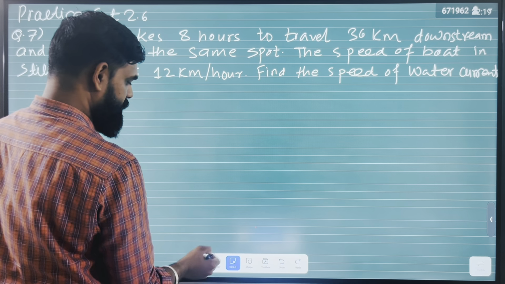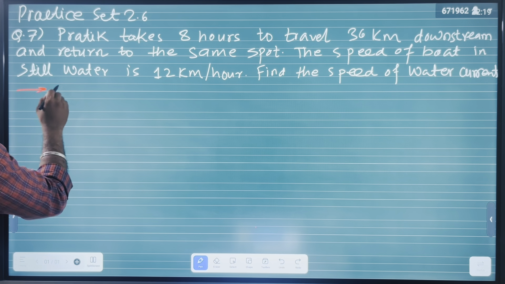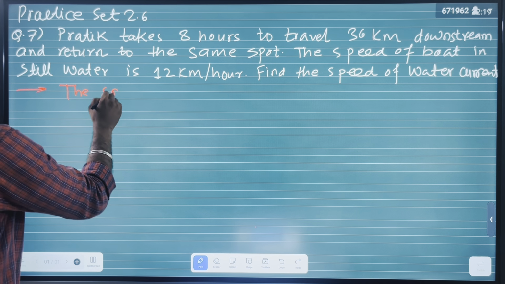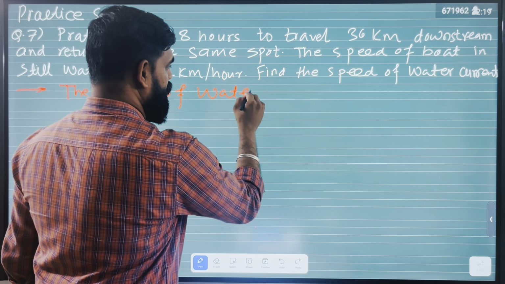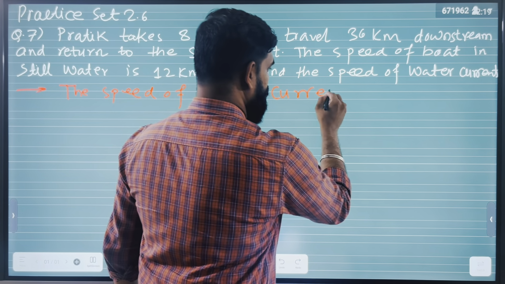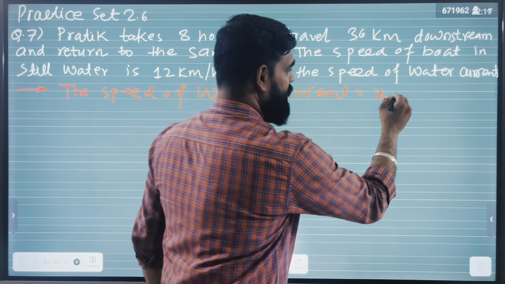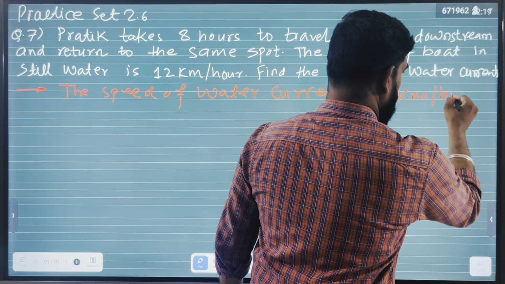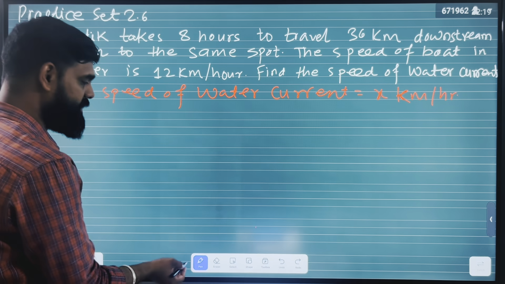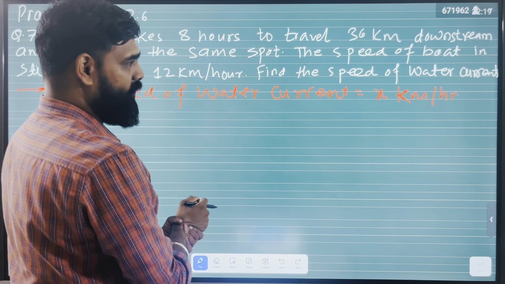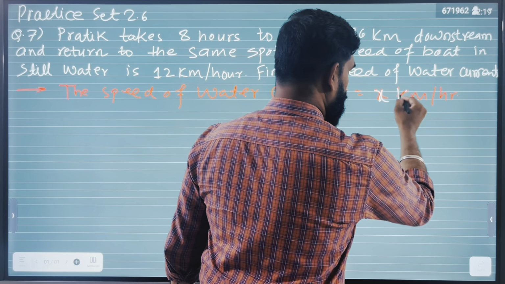So let us solve this. The speed of water current is x kilometer per hour. So we have considered that the speed of water current is x kilometer per hour.